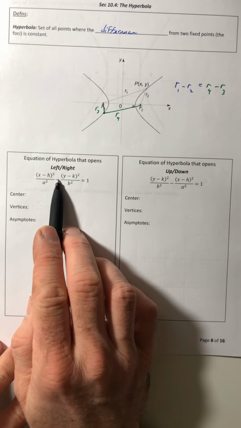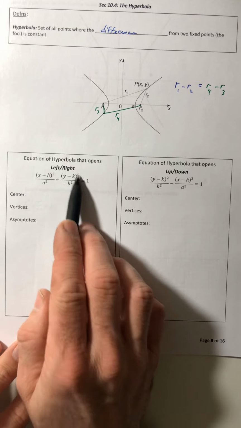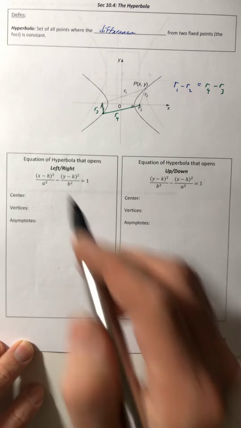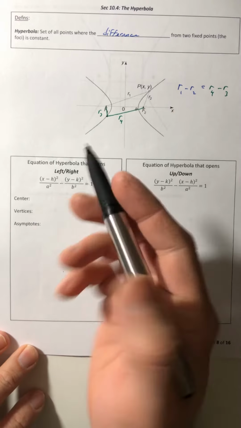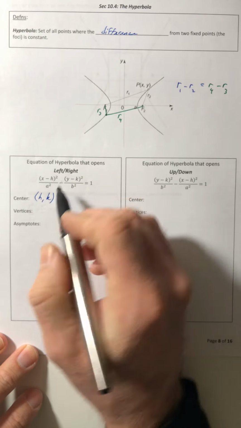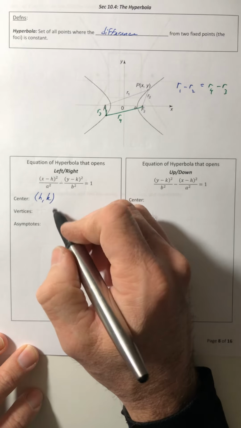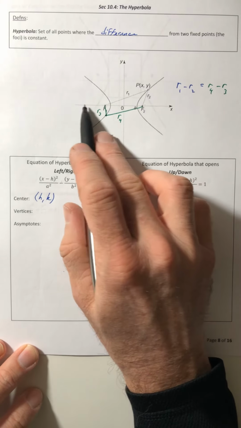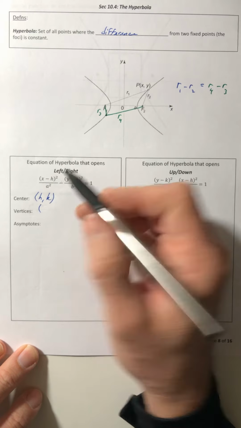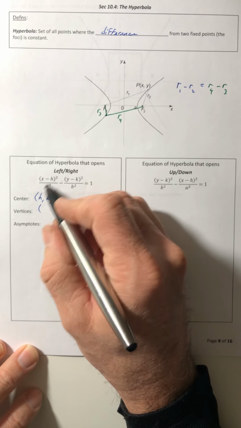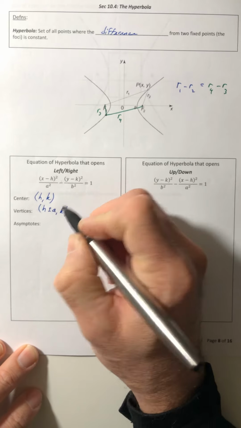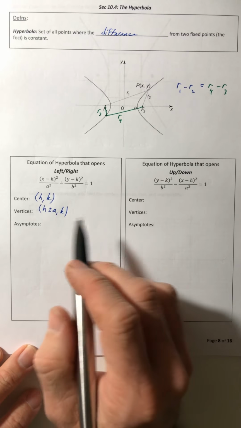If the negative is attached to the fraction with the y's, then it's going to open to the left and to the right. You get your center just like you did for the ellipse: make each of the parentheses equal to 0. The vertices are going to be going left and right, and you get them the same way as for the ellipse, just add and subtract the a from the center.